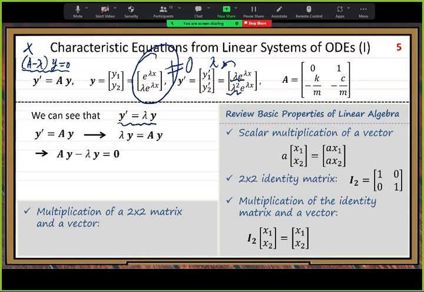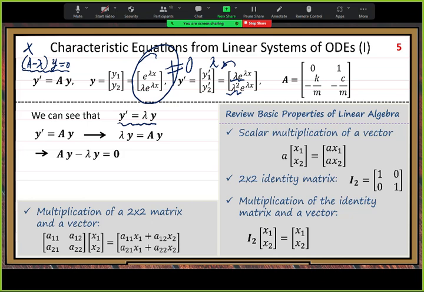Multiplication of a 2 by 2 matrix and a vector. Here we review how to multiply a matrix and a vector. It gives a new vector. The first component: the first row multiplies the vector component-wise, and you add up those two products.